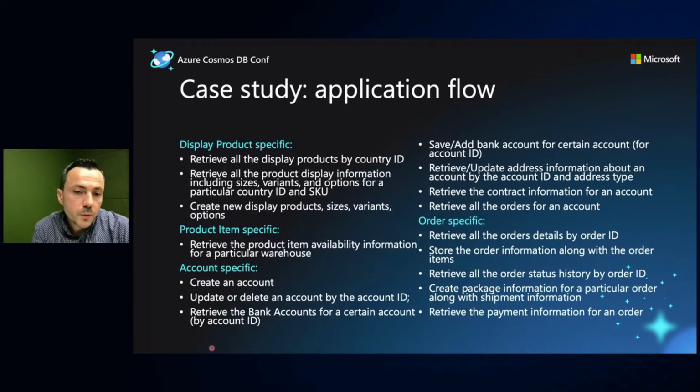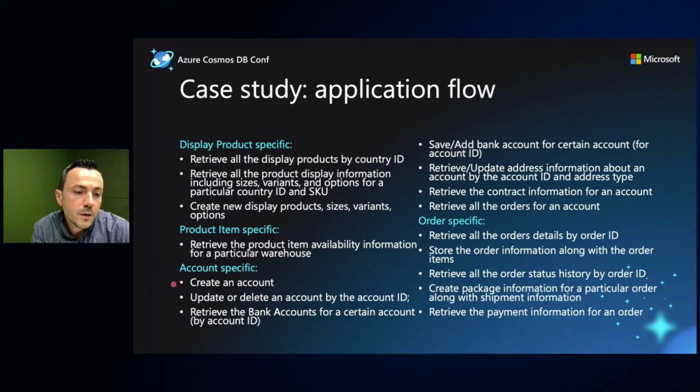Here, if you're talking about our case study, I don't want to go through each particular query, but just to give you a couple of examples, you can see queries structured in different categories. It's like display product specific, product item specific, account specific, and order specific.